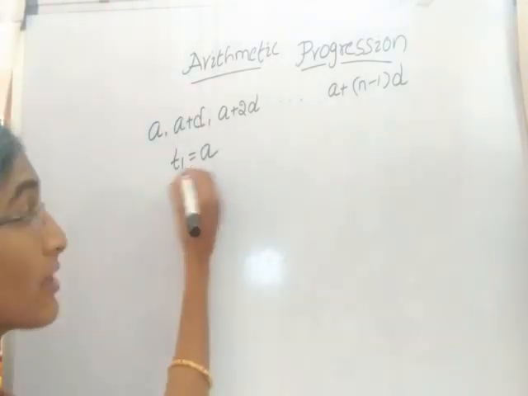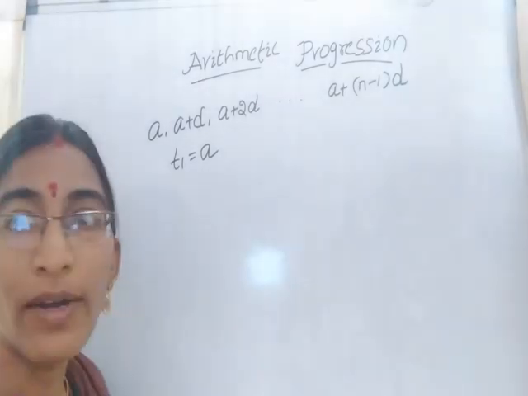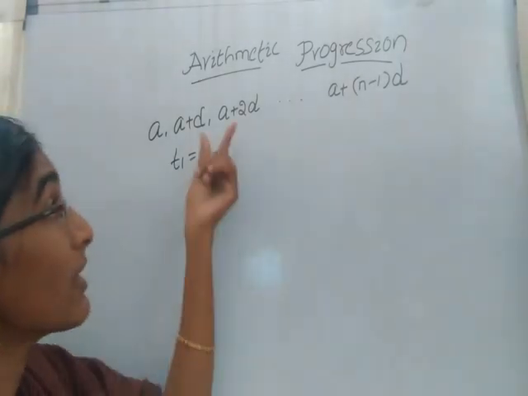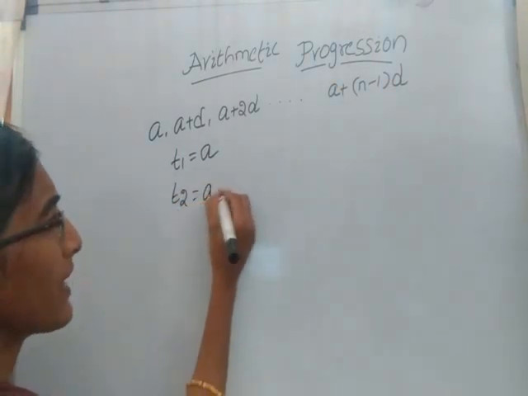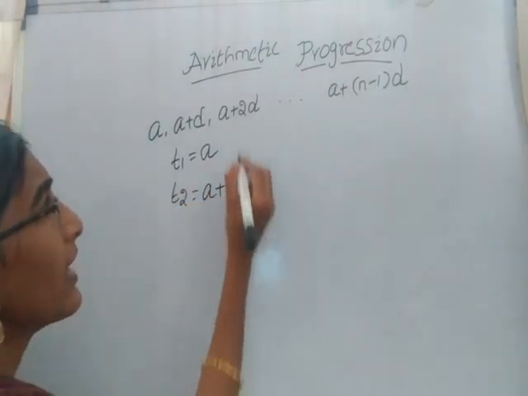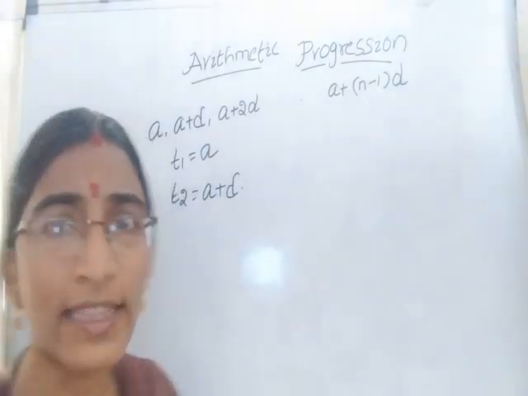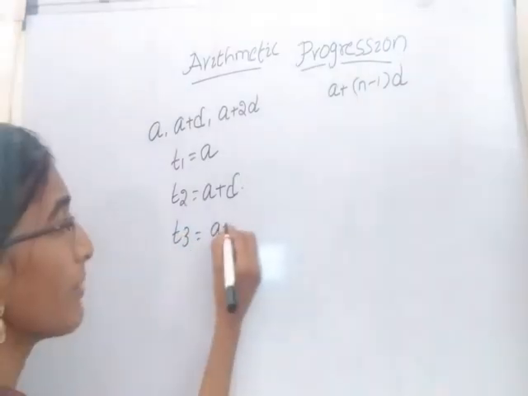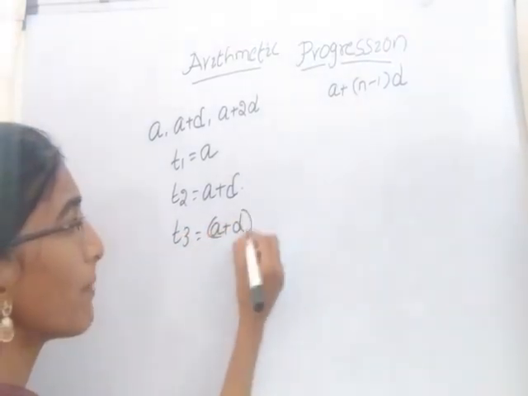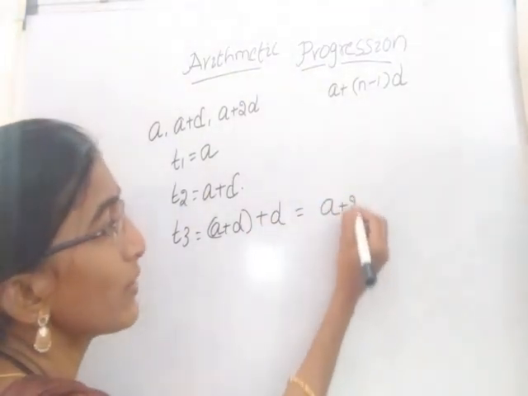Now see here, the first term t1 is equal to a. If we add the fixed number, which here is d, to the first term, t2 is equal to a plus d. If we add the same fixed number to the second term, we get the third term, t3, which is a plus d plus d, that is a plus 2d.